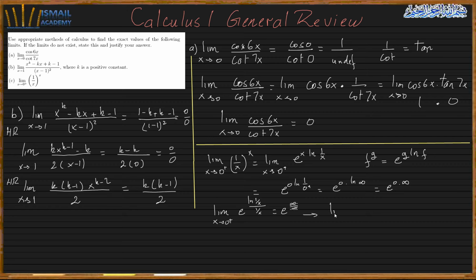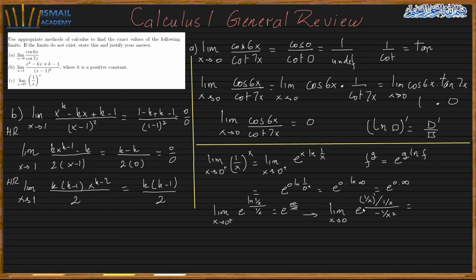So we'll have the limit of e to the derivative of ln, which is the derivative of the inside over the inside. Let me write it down here. ln of something, prime, is the derivative of this thing over the same thing. So here I will have the derivative of ln, which is 1 over x prime over 1 over x, divided by 1 over x prime, which is going to be minus 1 over x squared, when x goes to 0.